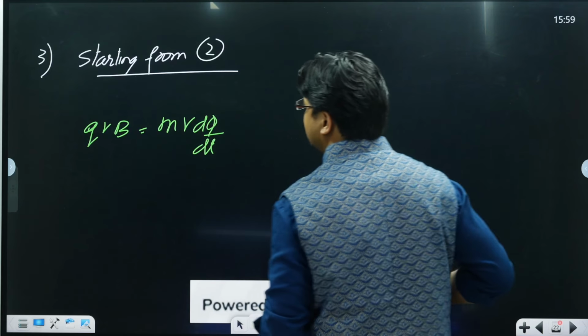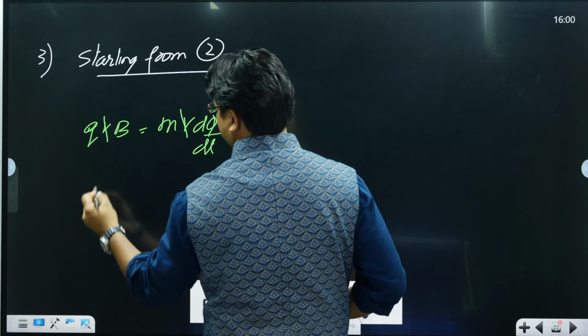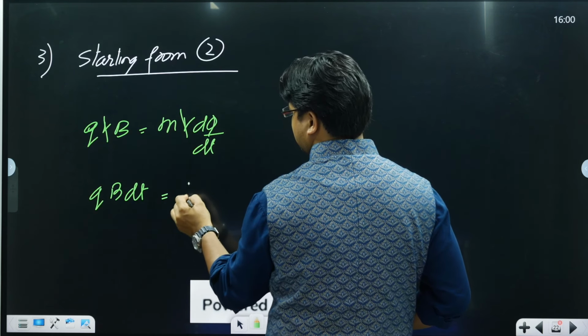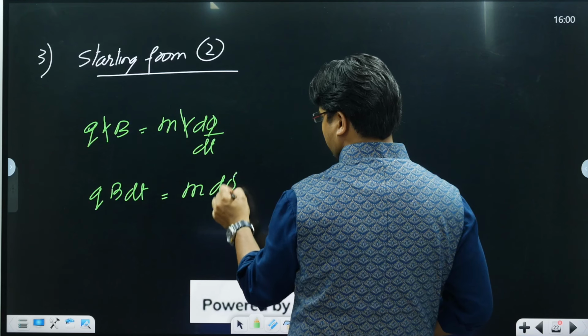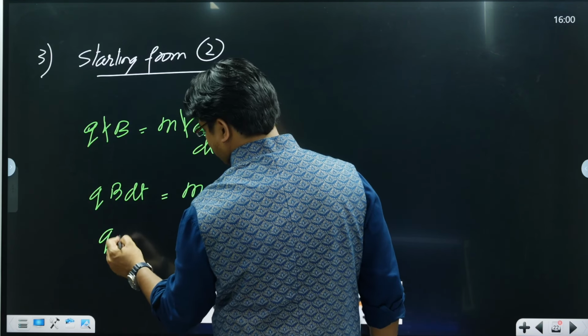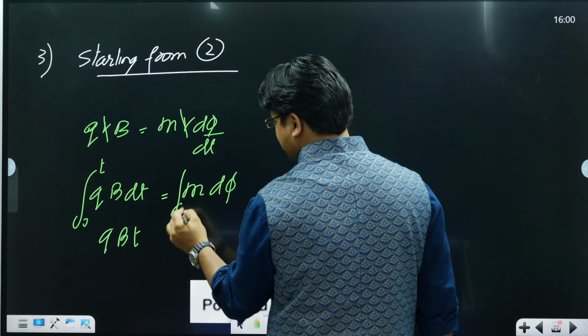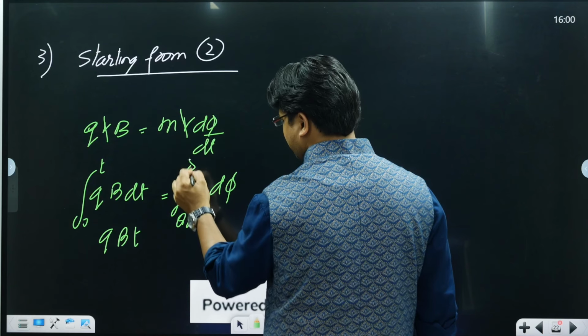Now this V gets cancelled. So QB dt is equal to M d phi. When you integrate from 0 to t, phi changes from theta naught to a general value.